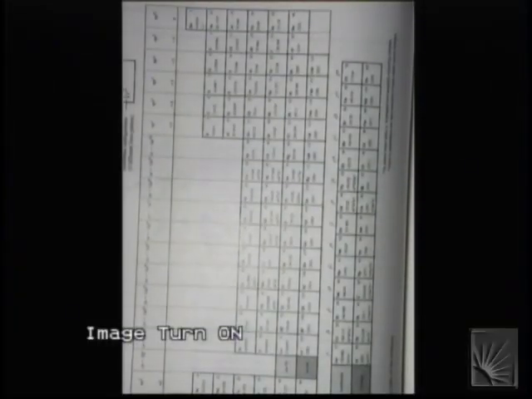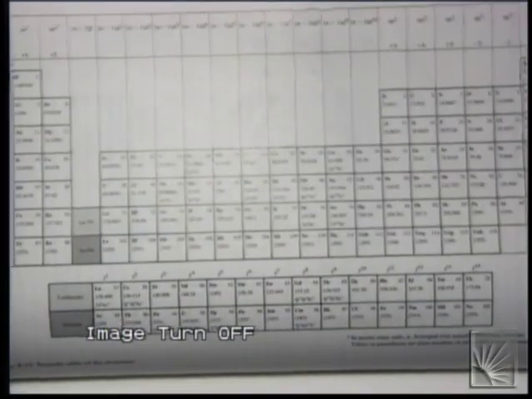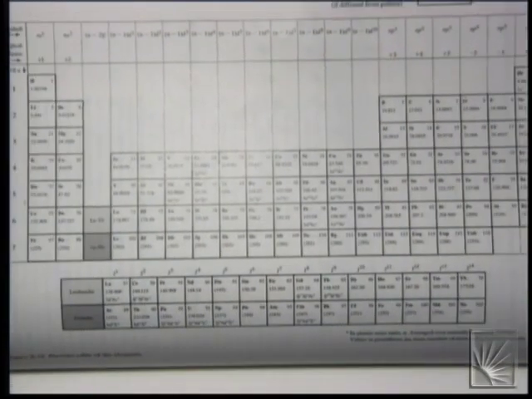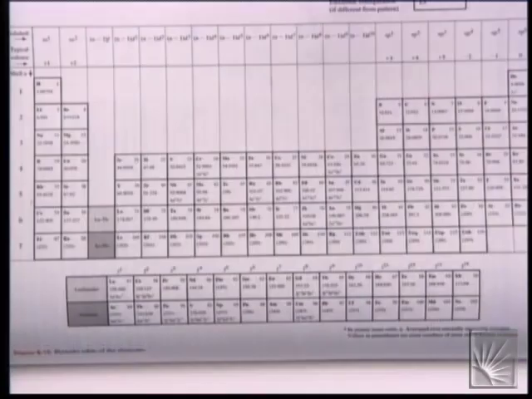So then if I take all of that into account, we get the periodic table.